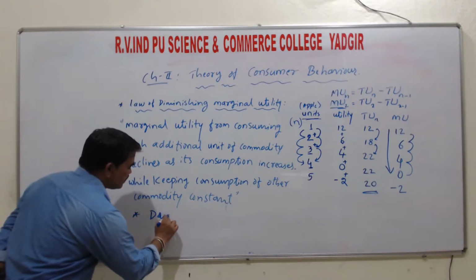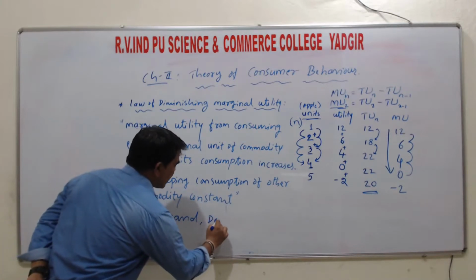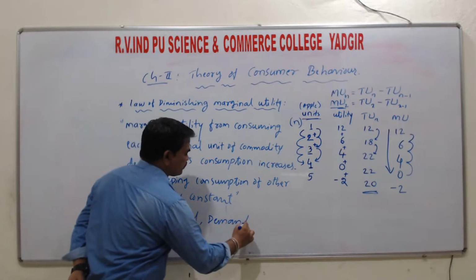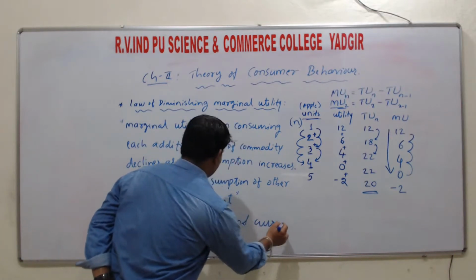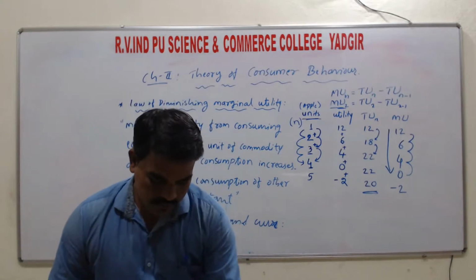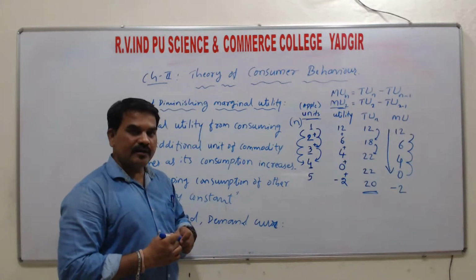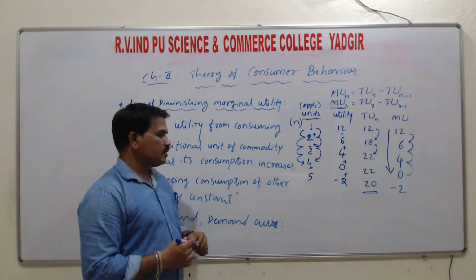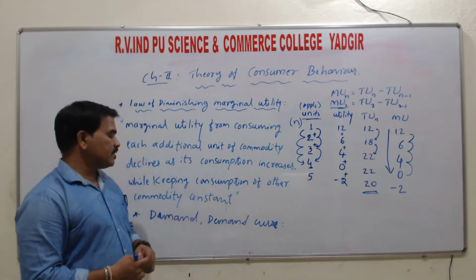What is demand and what is the demand curve? Demand is a willingness of a buyer to buy that product, and he should have the capacity to buy that.